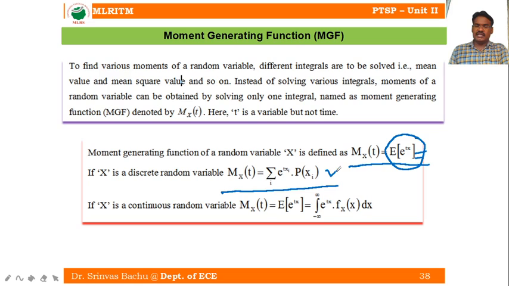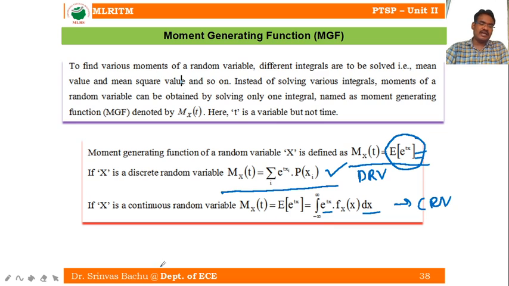This is the discrete random variable case. If the random variable is continuous, then the expectation is an integration over the interval: the integral from minus infinity to infinity of e to the power tx into the density function f(x) dx. This is M_X(t), the moment generating function.